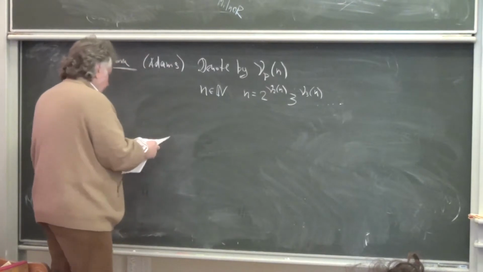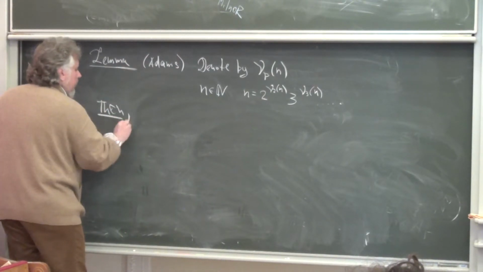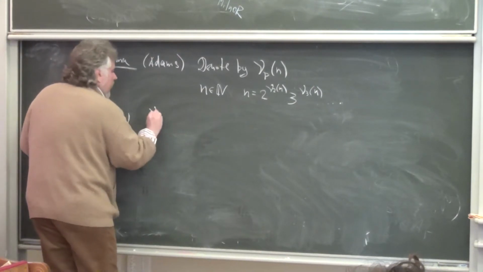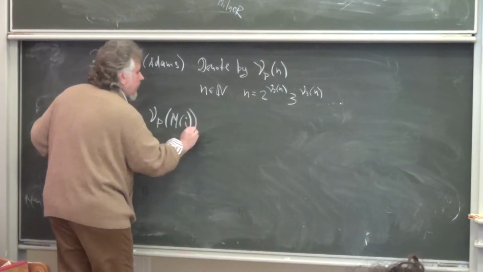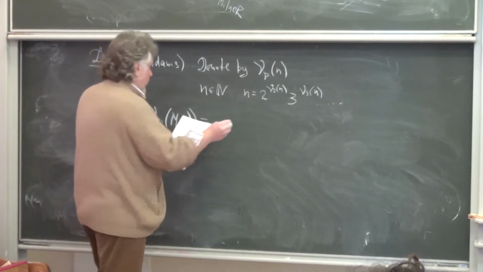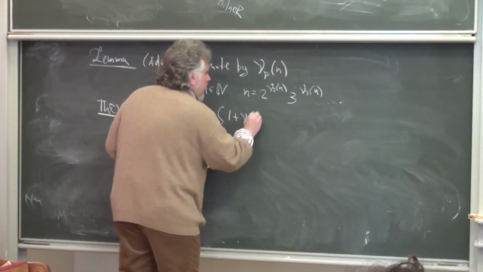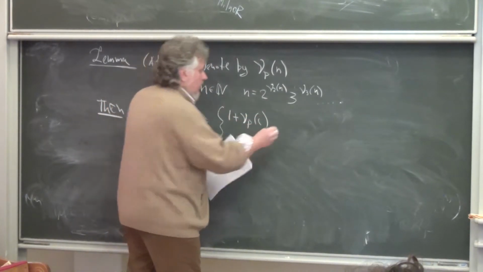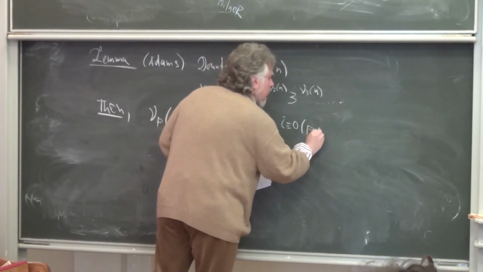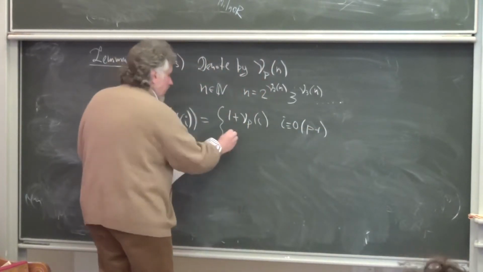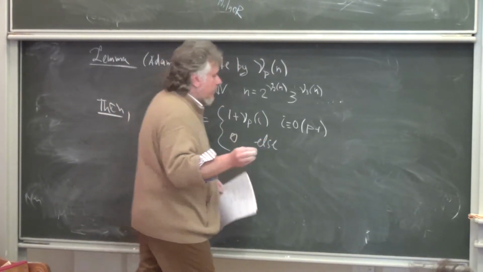So it's an easy definition. Then nu p of m of I equals 1 plus nu p of I for I congruent to 0 modulo p minus 1, and equals 0 in all other cases.